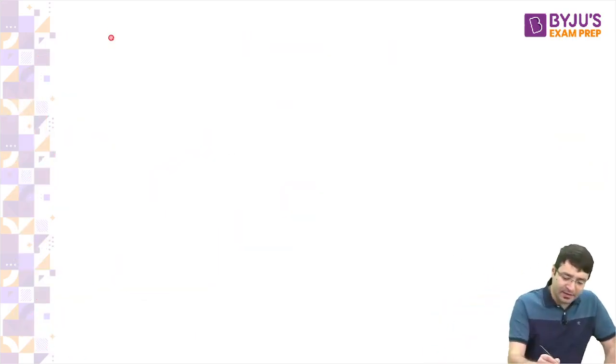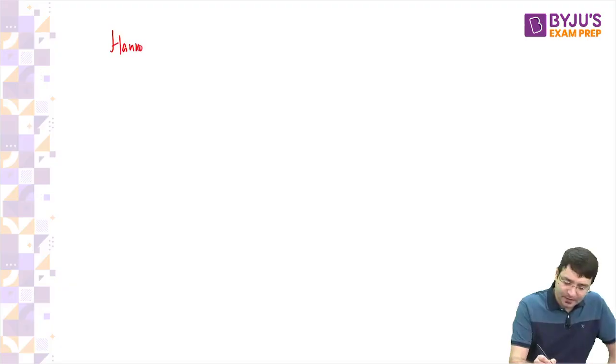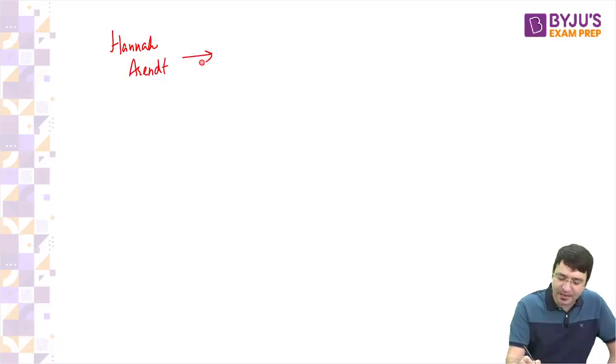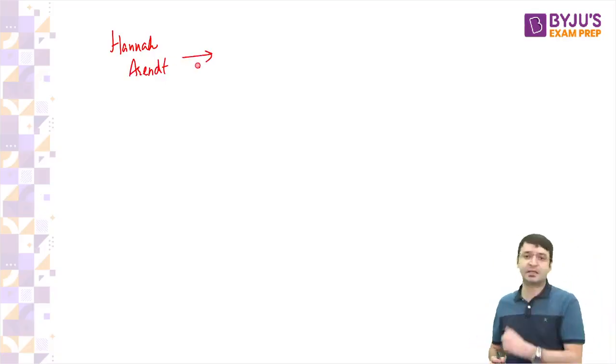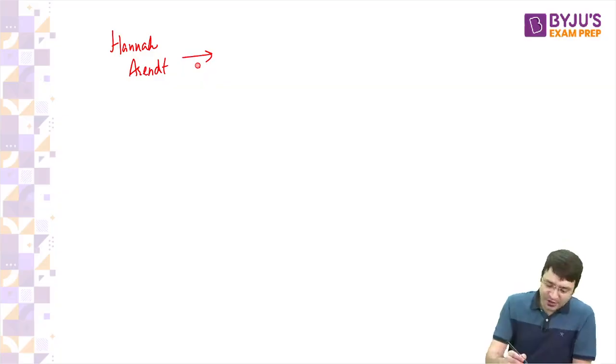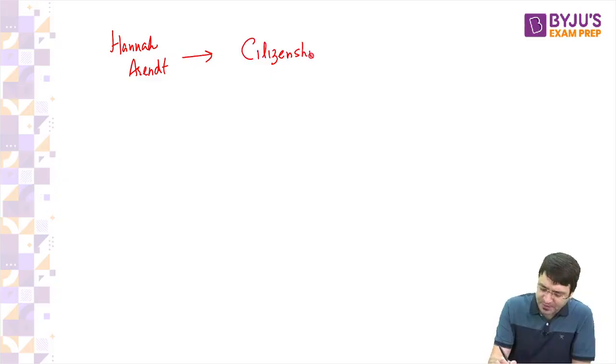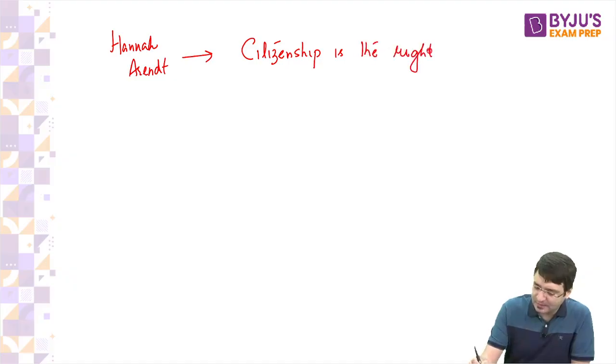Professor Hannah Arendt, American political scientist, theorist, philosopher, gave a beautiful definition of citizenship. She writes, citizenship is the right to have rights.